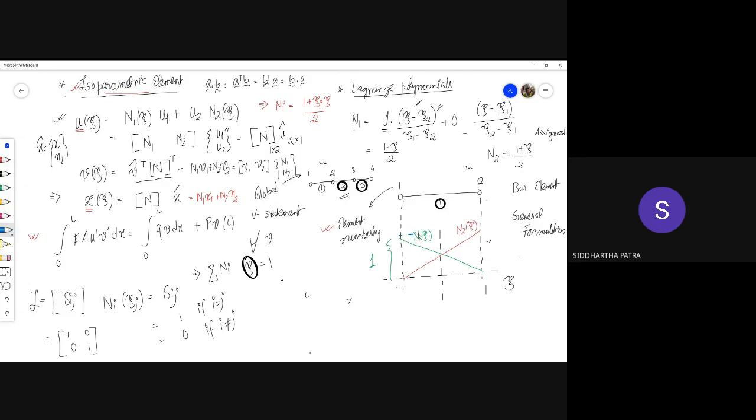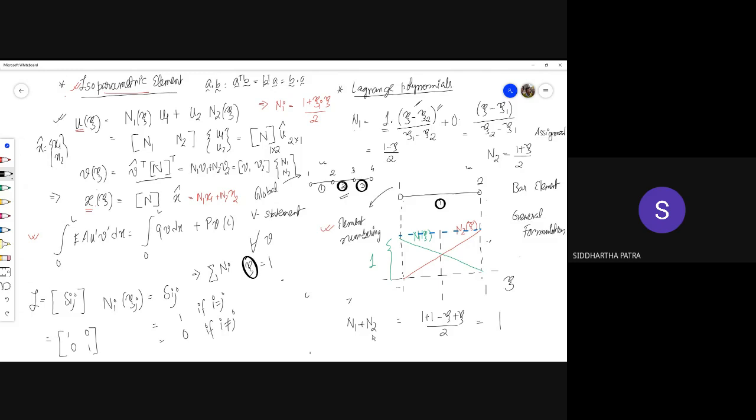It is 0 at N1, but at N2, it has the same value as N1 at xi1. Also check, if I add N1 plus N2, it becomes (1 minus xi plus 1 plus xi) divided by 2, which equals 1, which is also important.